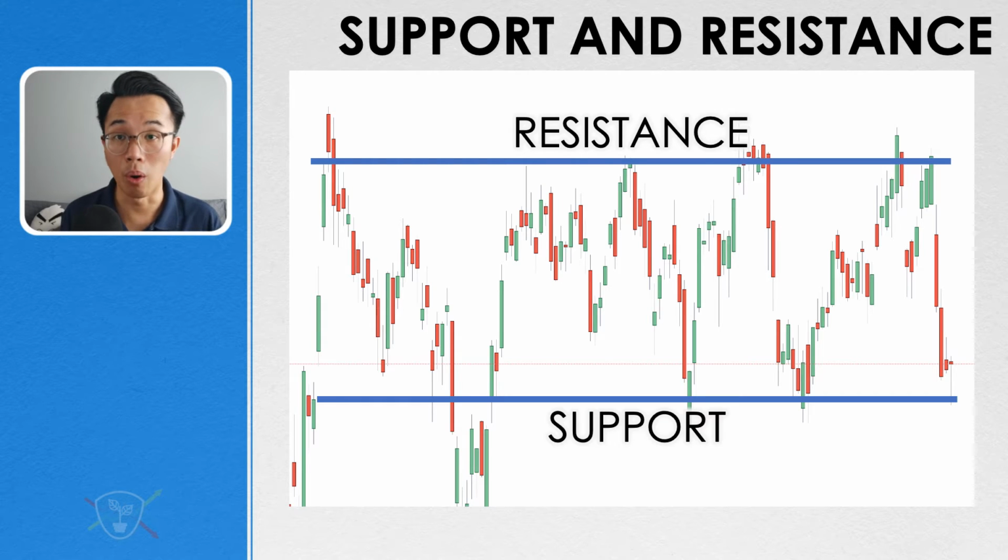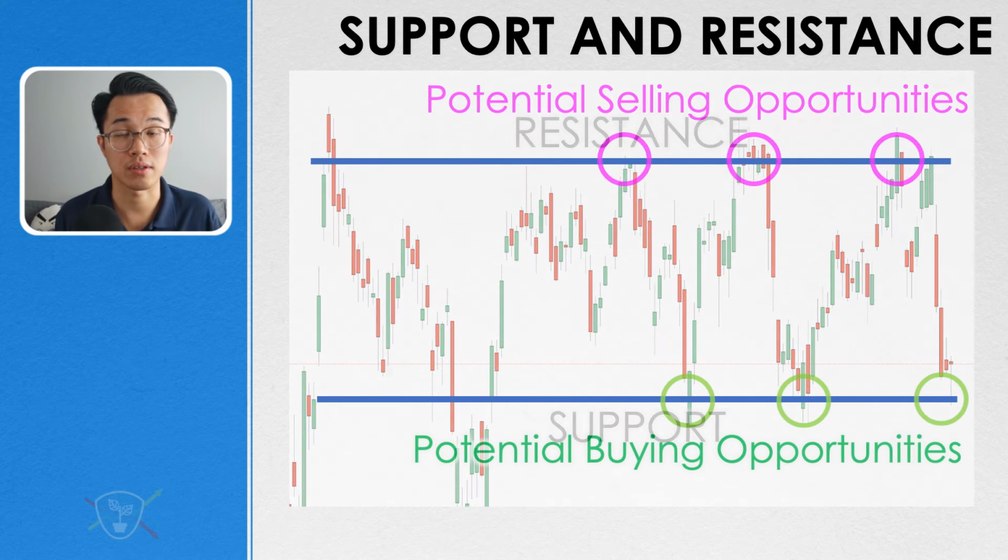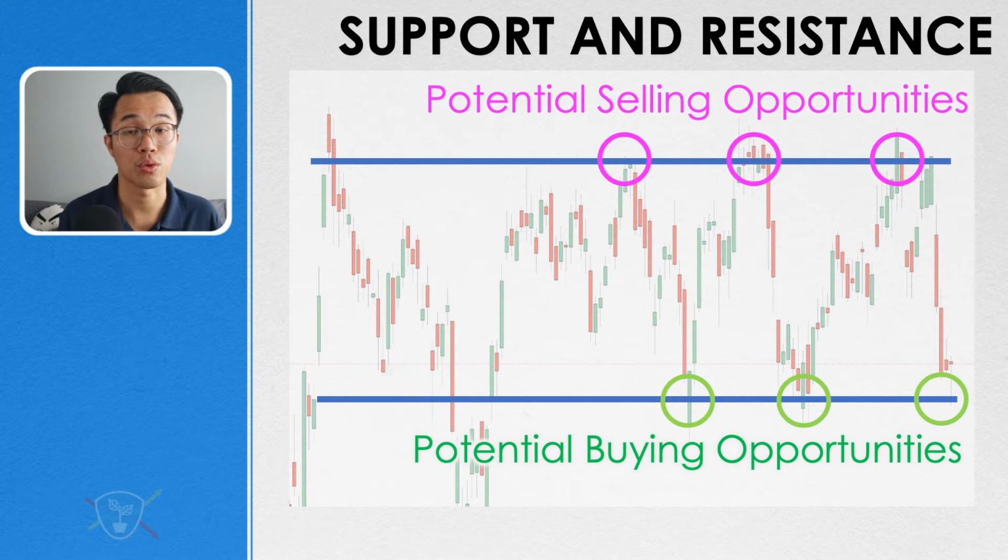Now remember, the whole market is looking at the same price data, the same chart that you are looking at. If the majority of the market has more or less identified similar support and resistance lines and more or less has the same expectations of what prices could do when it comes to these areas, then we can expect something is likely going to happen when the prices come to these levels.